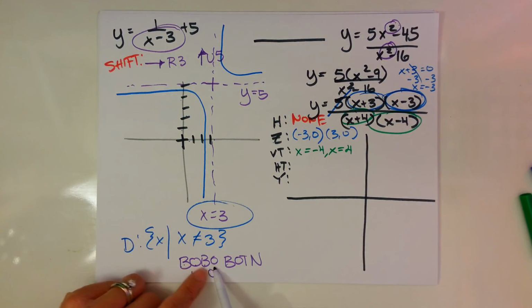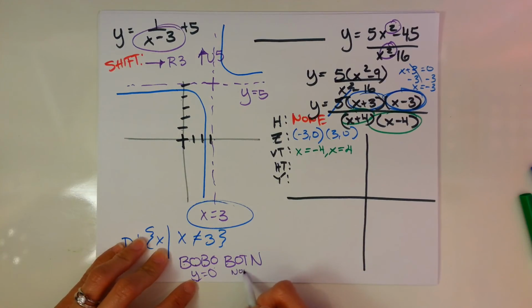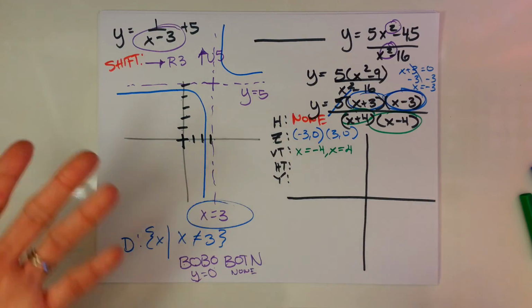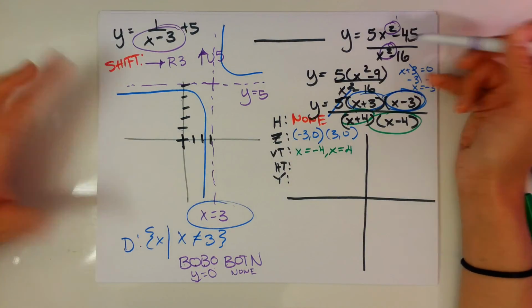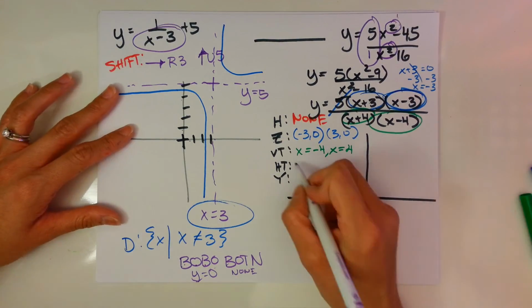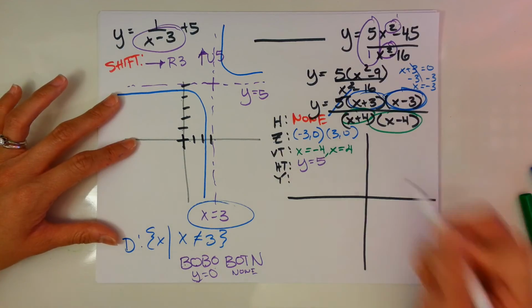If it's bigger on the bottom, then it's going to be an automatic line at y equals 0. If it is bigger on the top, then there actually is no horizontal line, and those graphs look weird. Now, if it's a tie, like in this case, if these are equally powerful, I'm going to take the leading coefficients and I'm going to divide them. So I know I have an h-tote at y is equal to 5 divided by 1. In other words, y is equal to 5.